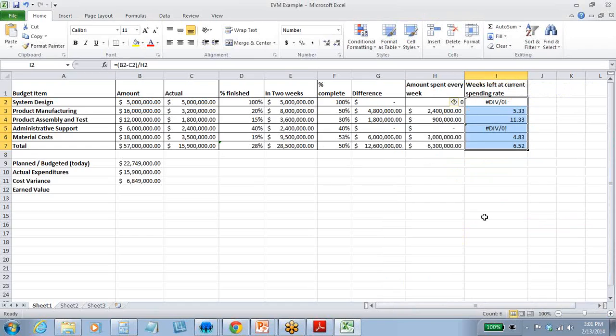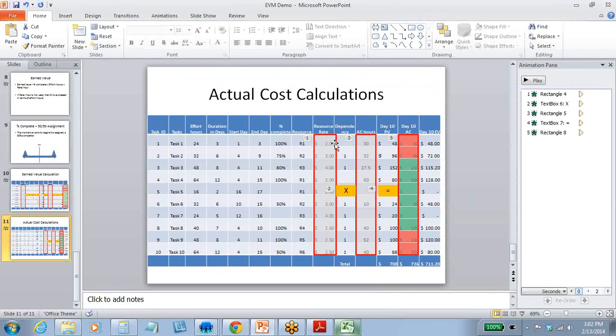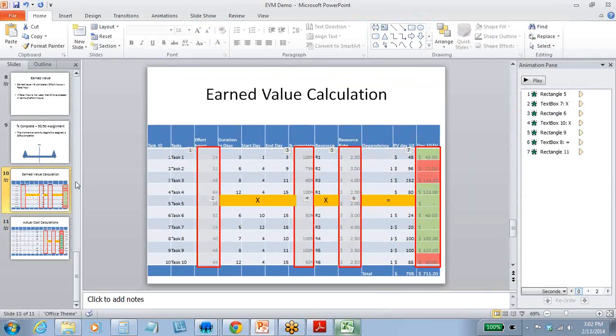If you were to do the current, at the current spending rate is how much you would be spending out. So now what you do is you go back to the calculations we've done here, in which you find out how much effort you put in. This could be hours. And then you find out your percentage complete. And since we don't have a resource rate right now, you just multiply those two and combine that together.